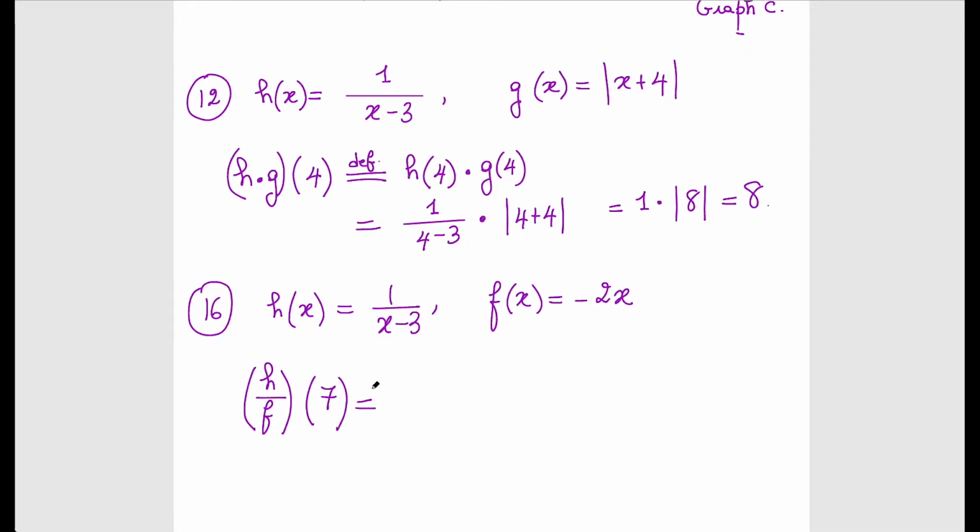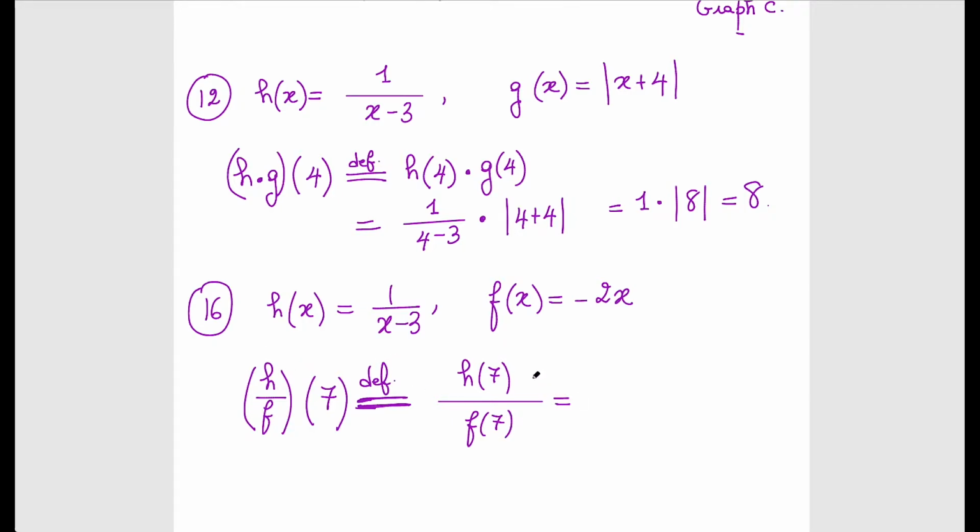By definition, from the definition above, we know that this quotient function operates at a number as the quotient of the respective outputs. So h of 7 divided by f of 7, right? This is how this function is defined.